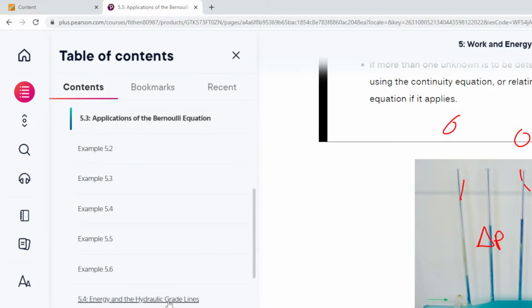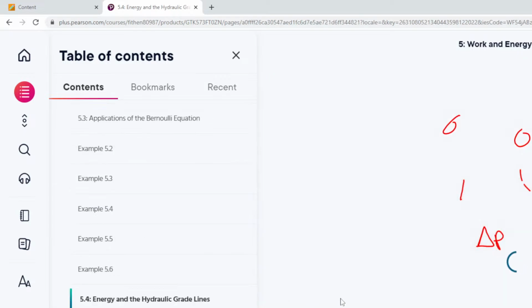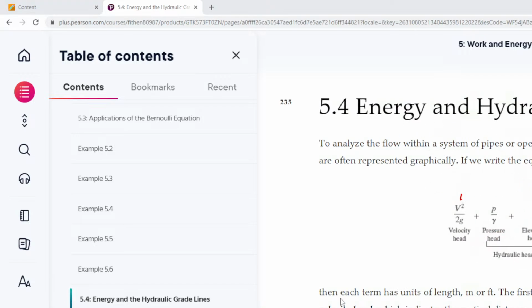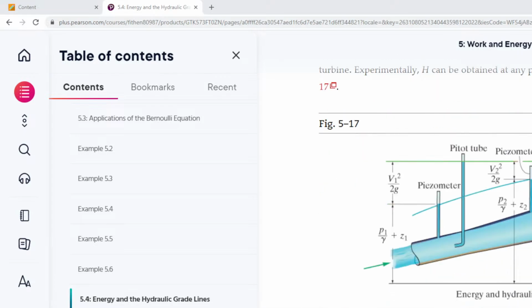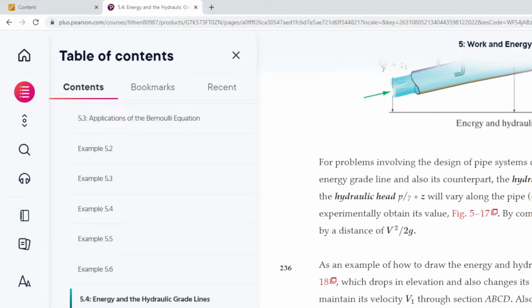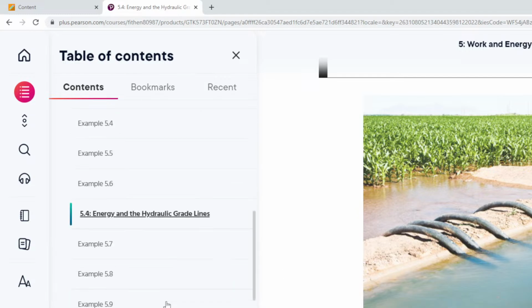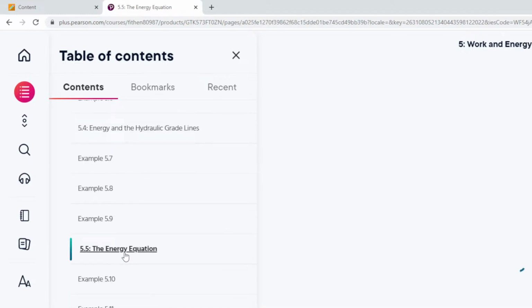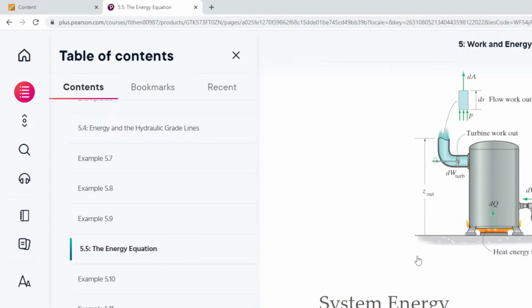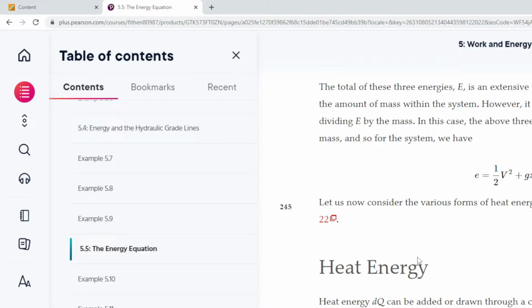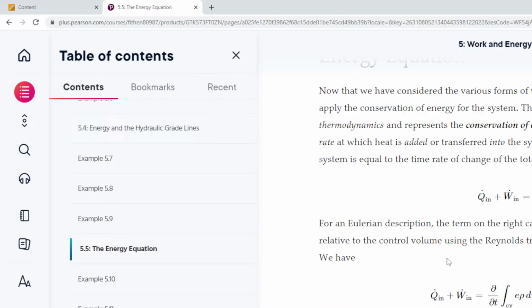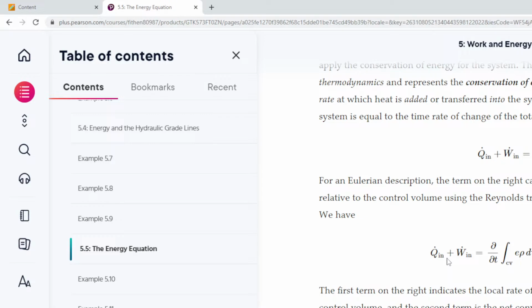And then energy and grade lines, and that's moderately important. Actually, if you get into any sort of civil engineering, that's really important. It has the standard thing, where we have the energy line, the hydraulic grade line, and then a datum. Something I don't do a lot with is the energy equation, because Bernoulli's equation is a form of the energy equation.